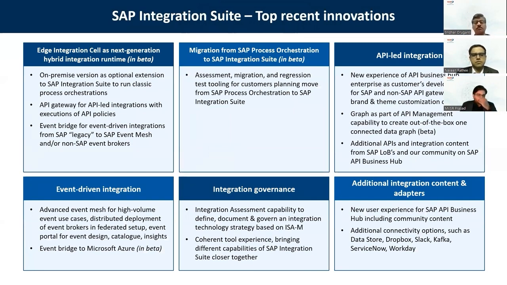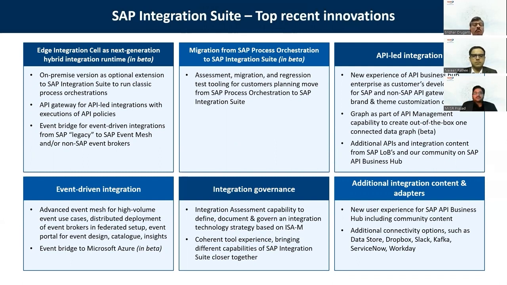This is a gist or summary we would like to present here as part of the roadmap. The first two boxes talk about complete migration specific beta features and the Edge Integration Cell, which is going to be the next generation hybrid integration runtime. It is a containerized runtime.